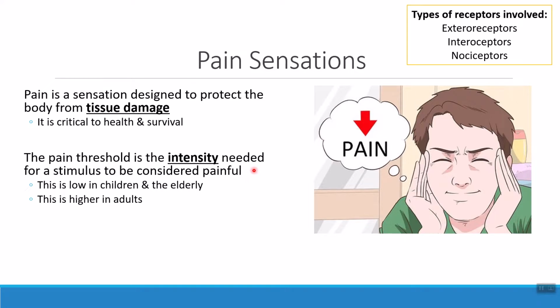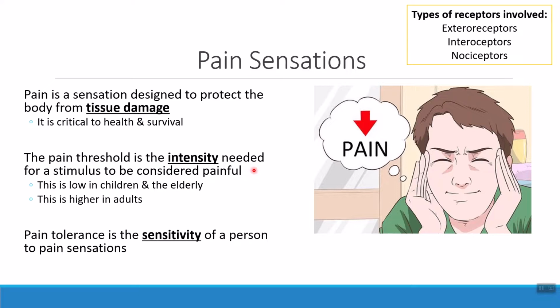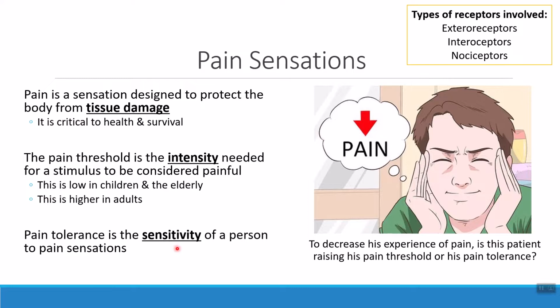Pain threshold is different from pain tolerance. When we talk about pain tolerance, this is where we're talking about the sensitivity of a person to pain sensations. So notice in my picture here on the right, I have someone who is imagining or thinking about their pain being lower than it actually is. This person has no control over their pain threshold.